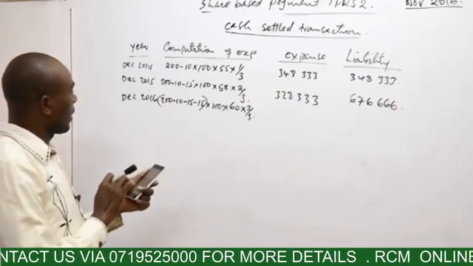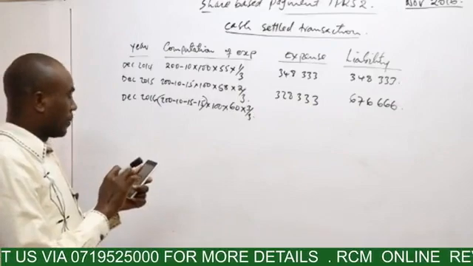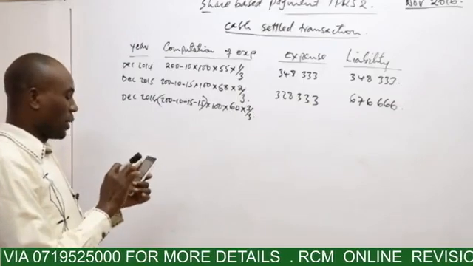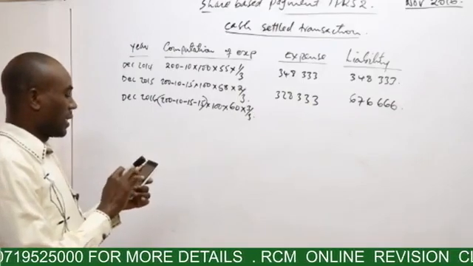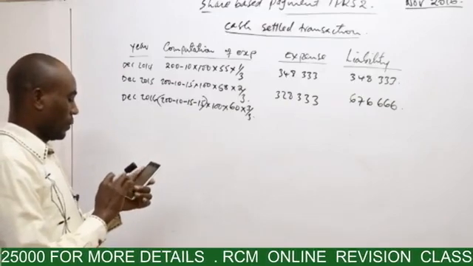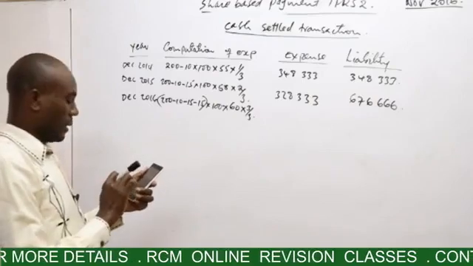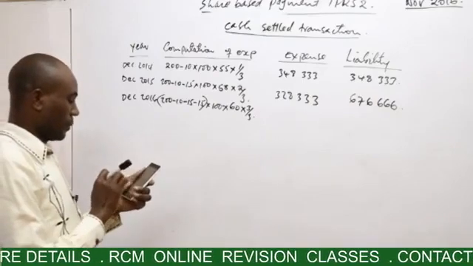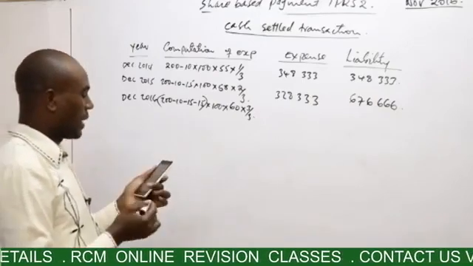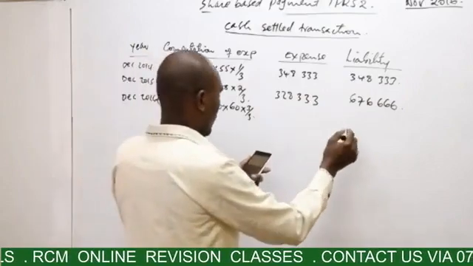Therefore, this one will be 200 minus 40, which will be 160. 160 times 100 times 60. I'm getting 960.